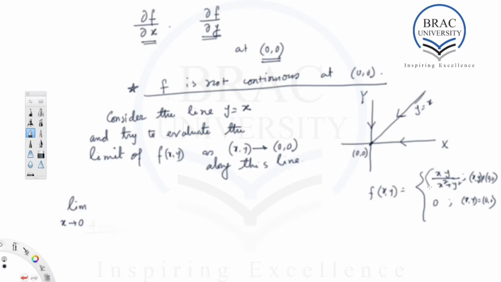Here I plug in x equal to y, because I'm always on this line. That gives me x times x in the numerator, and in the denominator I have x squared plus x squared. So this is simply the limit as x approaches 0 of x squared divided by 2x squared, which is equal to 1/2, which is not equal to 0.